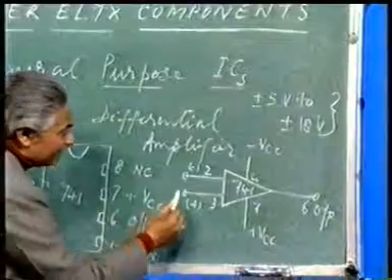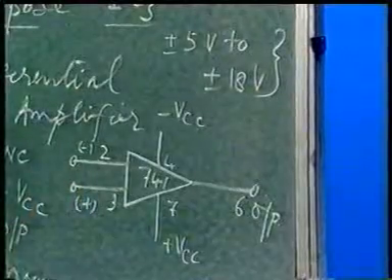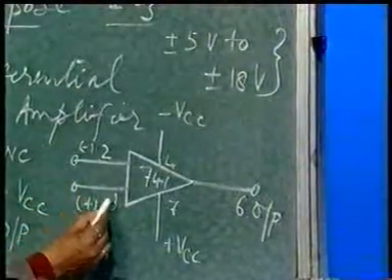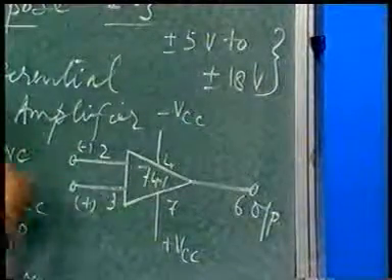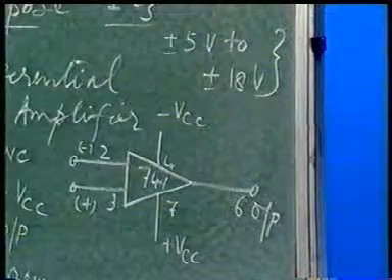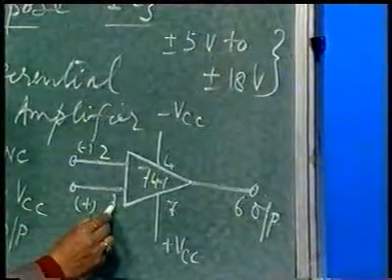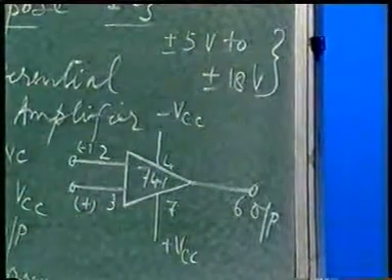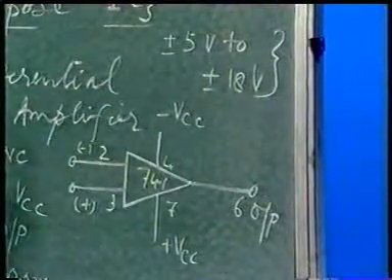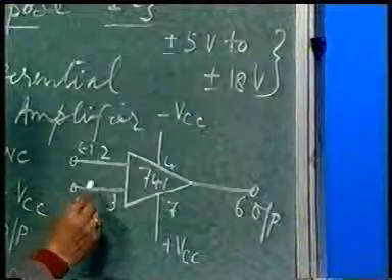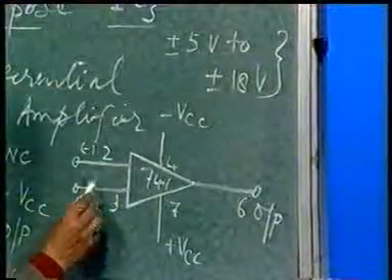Another thing is the inputs. There are two inputs here. One is the positive input given at terminal 3, and the second one is the negative input given at terminal 2. The positive input is known as non-inverted type and the negative one is known as the inverted one. Now what does it mean? If I give a supply here and ground the other, only one input is applied.